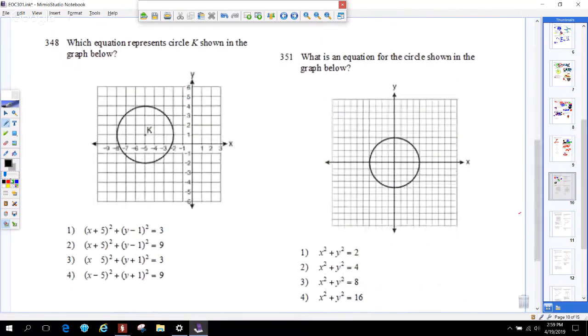Which graph below represents circle K? Well, K, this point is at -5, +1. Because it's at -5, +1, we know we switch the sign, so it can't be choice 3 and 4. Here, my radius is 3. 3 squared equals 9.